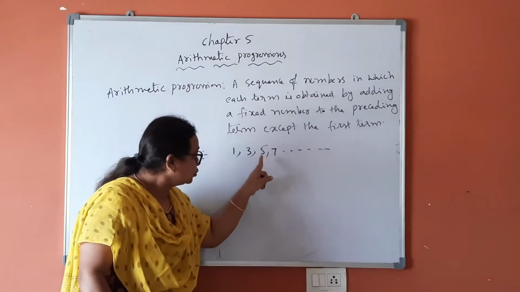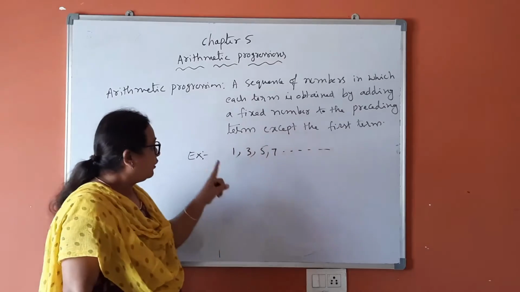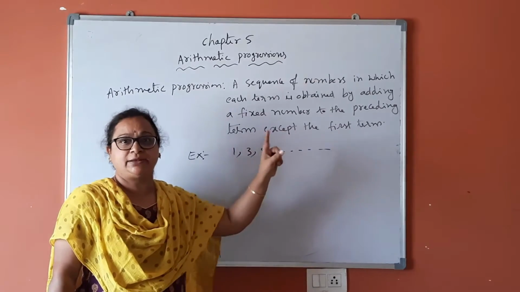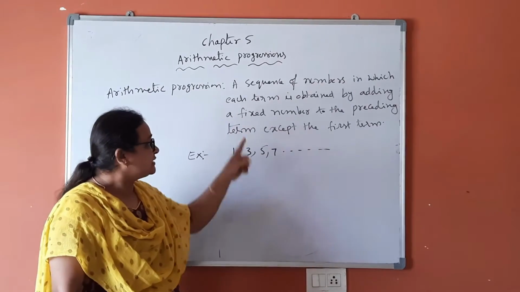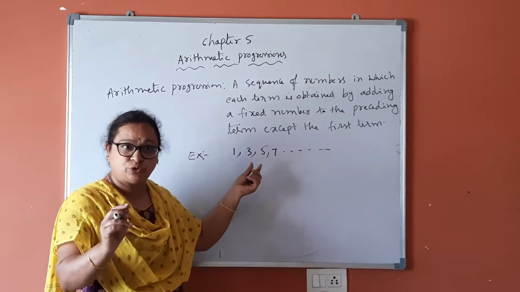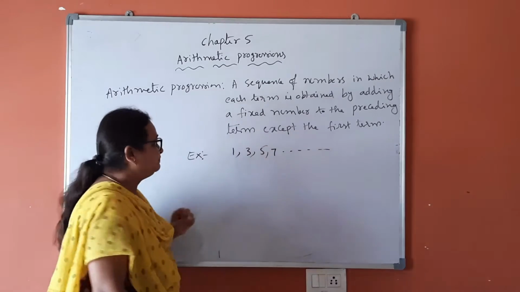By adding 2 to the third term, we are getting the fourth term, that is 7. So, 1, 3, 5, 7 is an AP. It is an arithmetic progression because it is a sequence of numbers in which each term is obtained by adding a fixed number, here the fixed number is 2, to the preceding term except the first term.